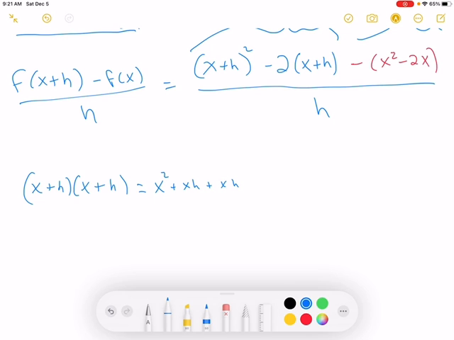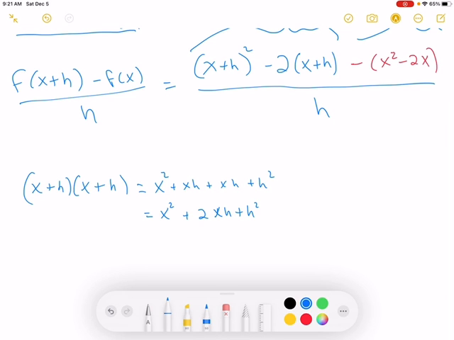Again, it's another hx. xh, the same thing. And so you're going to have two of the middle ones. And that's what you get when you do x plus h squared. Okay, just so that everybody knows.